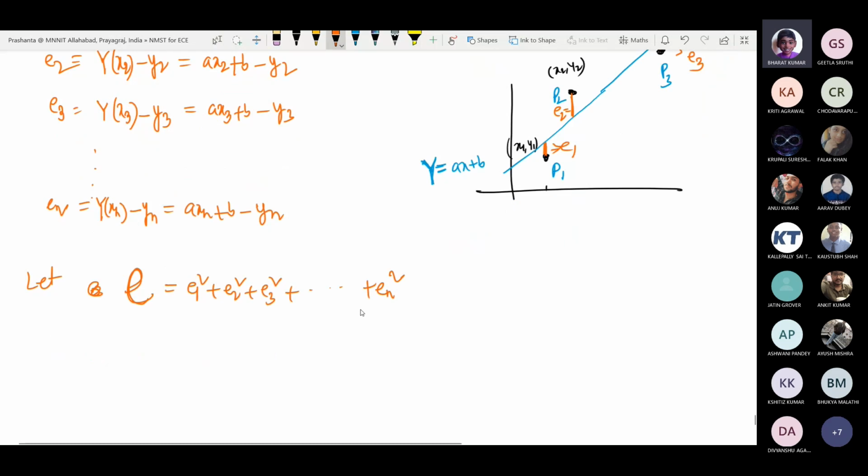So that will be basically nothing but summation i equals 1 to n of (a xi plus b minus yi) square. Is it okay? So this is the error. And what are the unknowns in this E? A and B. So you will have to determine what A and B are.